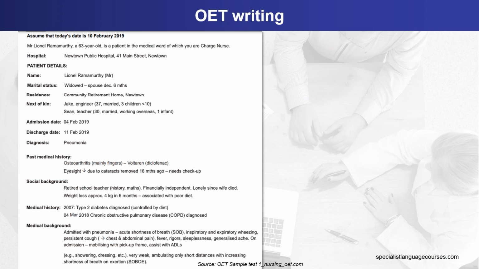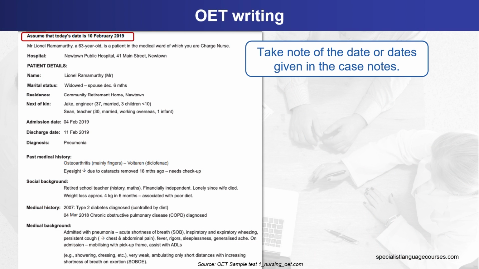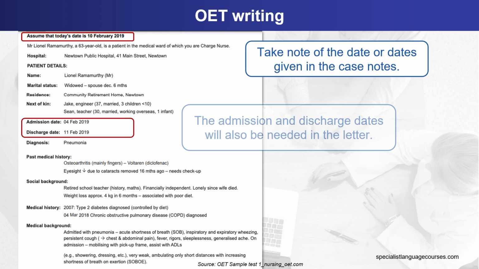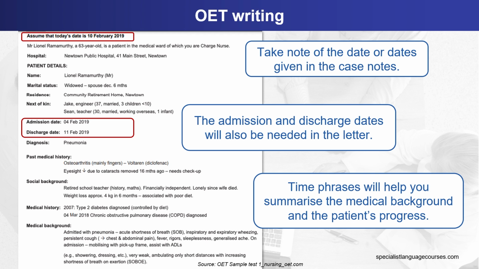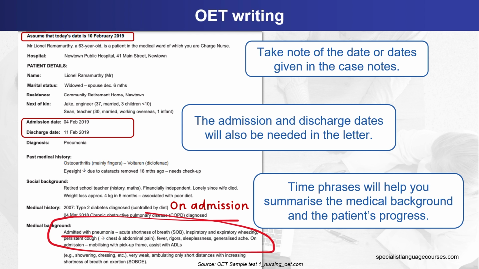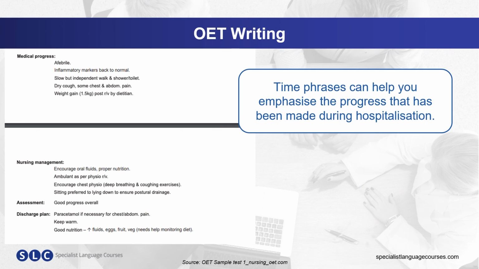Now we're going to look at some case notes to see how time phrases can be used. Always take note of the date or dates given in the case notes. The admission or discharge dates will also be needed in the letter, but you can use time phrases instead of repeating dates. For example, on admission. Time phrases can emphasize that progress has been made in hospital, for example, during hospitalization.